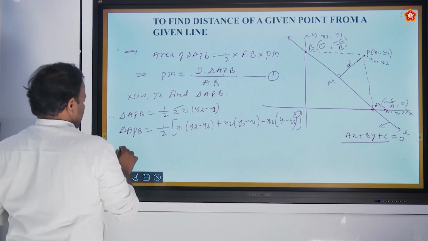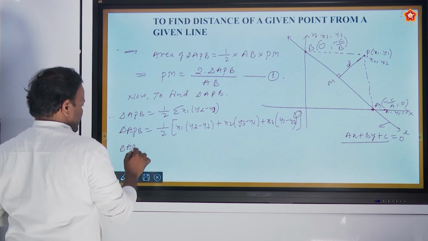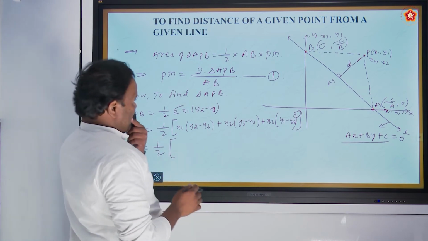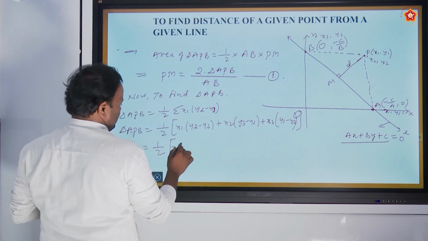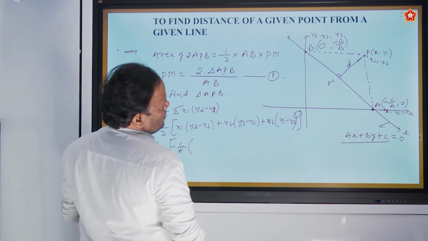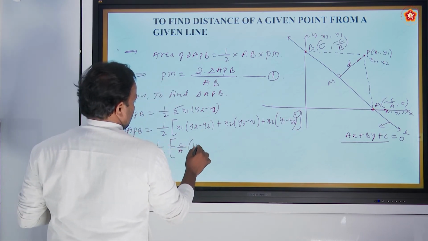Substituting here, area of triangle APB is equal to half. What is x1? x1 is nothing but minus c by a, bracket. What is y2? y2 is nothing but y1. Correct.